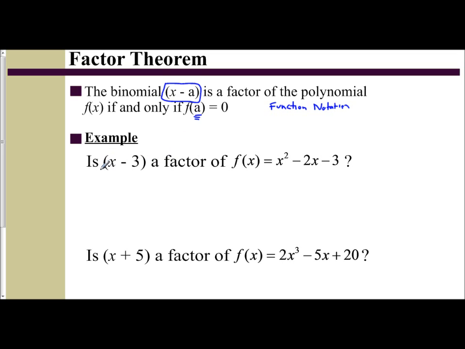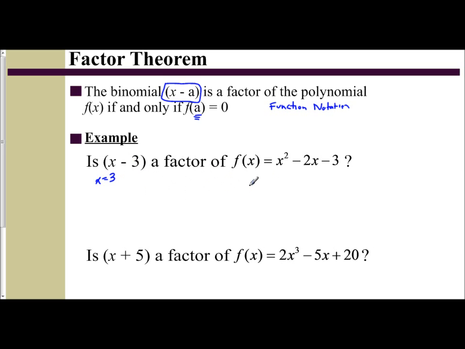So I'm asking, is x minus 3 a factor of f of x equals x squared minus 2x minus 3? So here's what I do. I first determine, what's my a value, and this is very similar to how we did it with synthetic division. X minus 3, what you're trying to plug in is going to be 3.